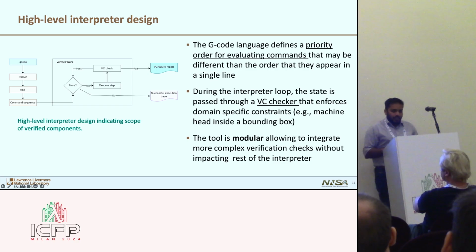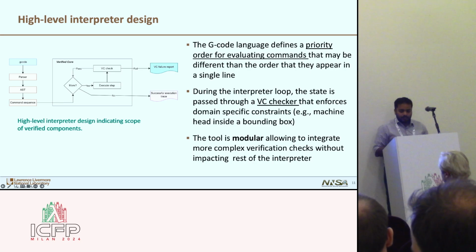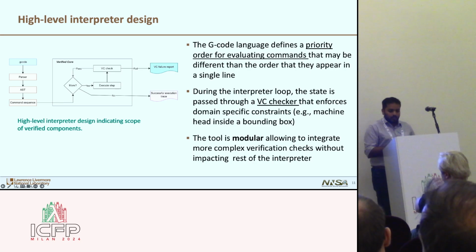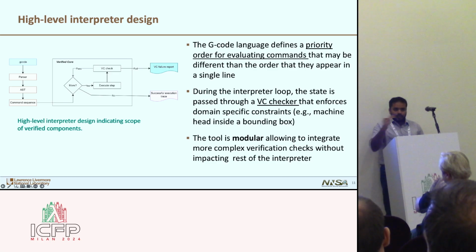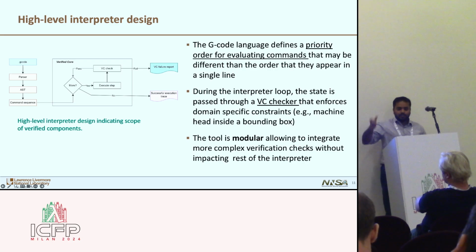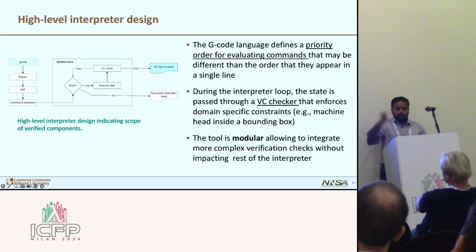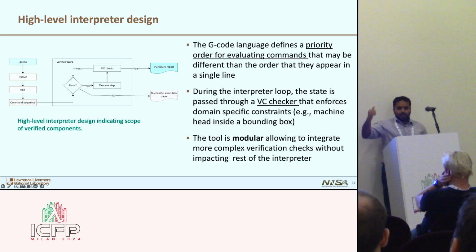Once we have this AST, normalized according to this priority order, we then define an interpreter step function, which is implemented and verified, and therefore forms a part of the verified core. This interpreter step function walks through the AST, executes the command sequence, and generates an output state.